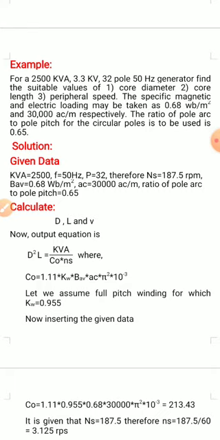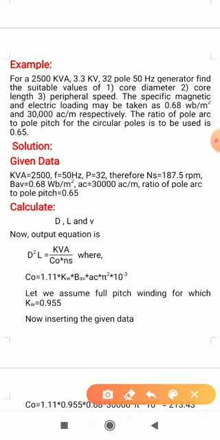The specific magnetic and electric loading may be taken as 0.68 Weber per meter square and 30,000 ampere conductor per meter respectively. The ratio of the pole arc to pole pitch for a circular pole to be used is 0.65.